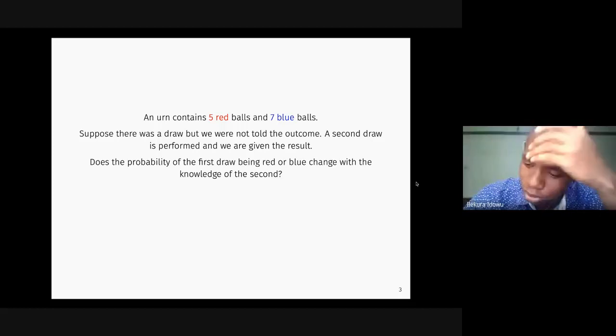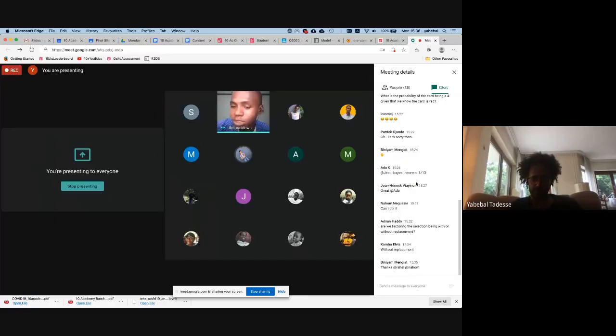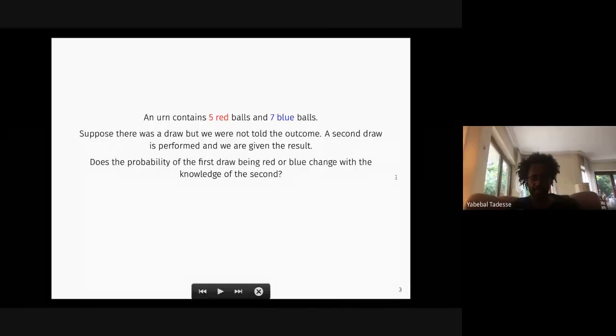It will actually affect because now we are left with two blue balls and 5 red balls. And the probability for the first one will be 1/3, like I said before. And if the second one is 1/2, because if the second ball is red, that means we are left with 3 blues. I don't know if it's clear. I think that's correct.